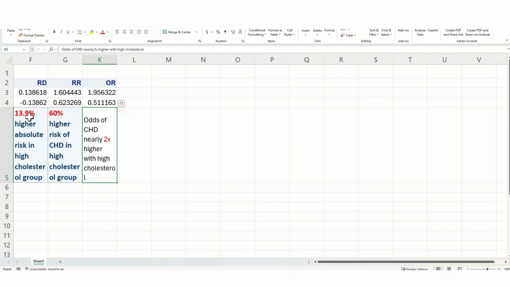Hope I have clarified more than I have confused you guys. And then in the end, all I will say is that do all these calculations by hand to have a full understanding of the mechanics behind all these values.